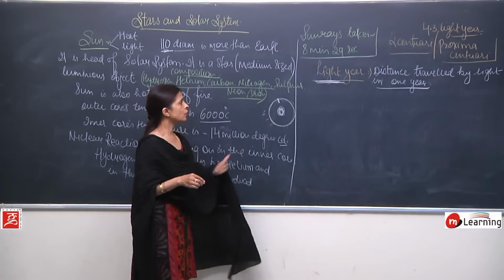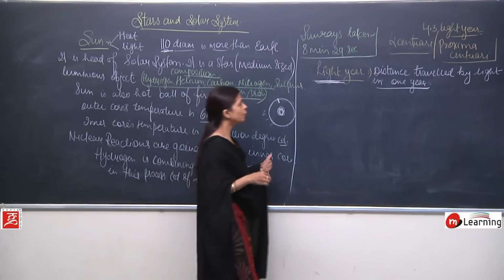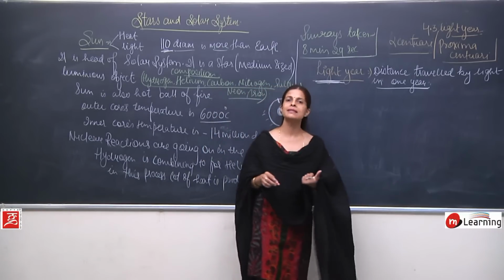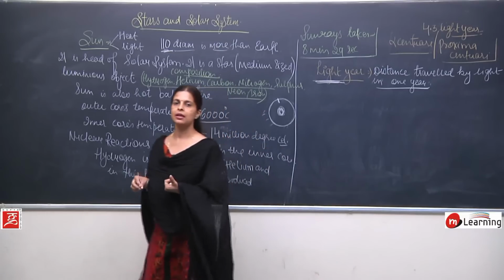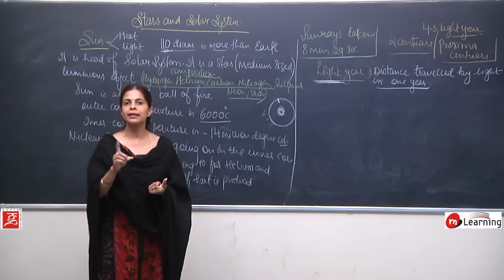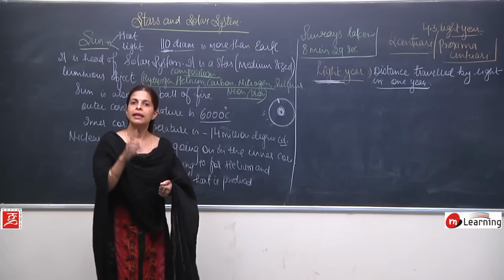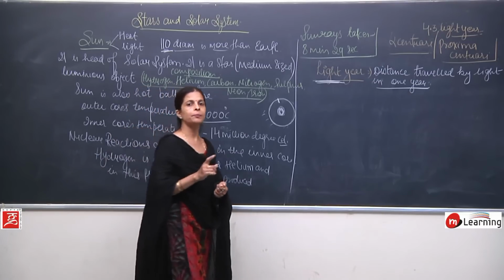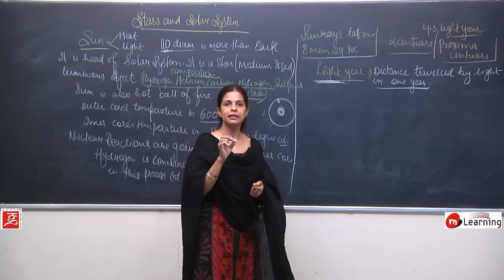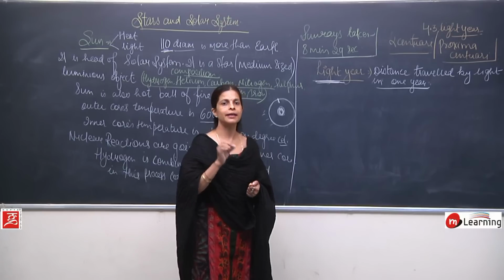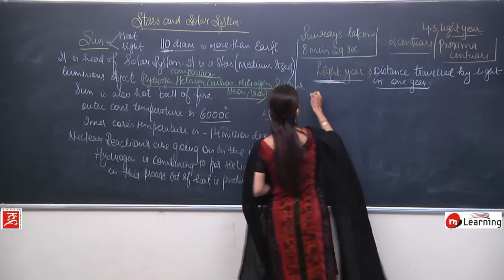Now we'll talk about how much distance light travels in 1 second. Just 1 second, and it is over. In this 1 second, how much distance does this light cover?